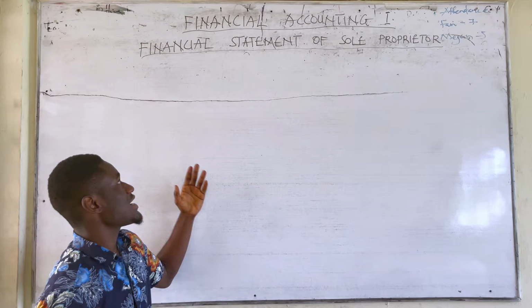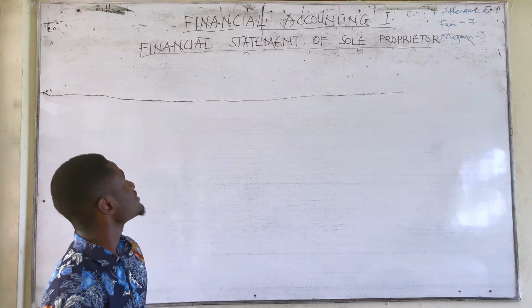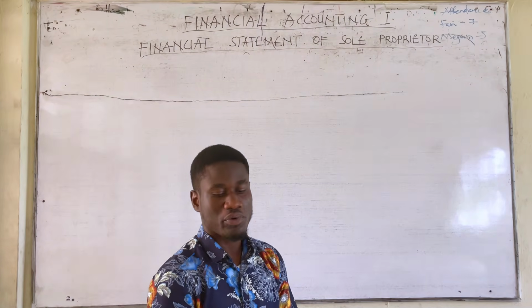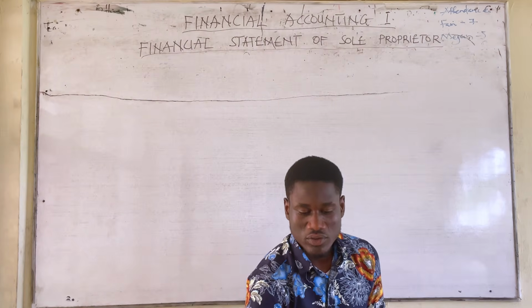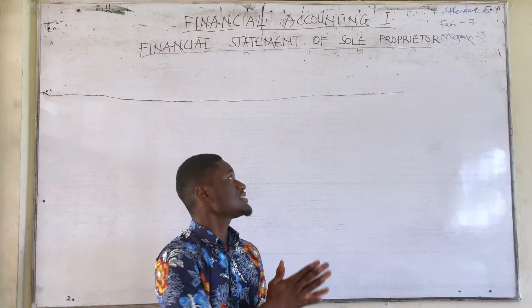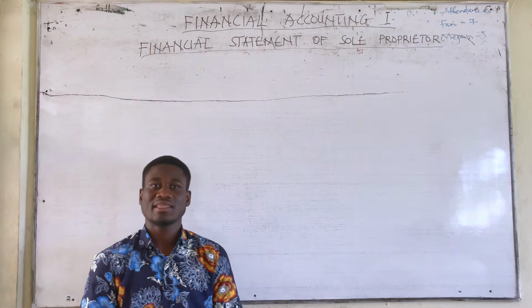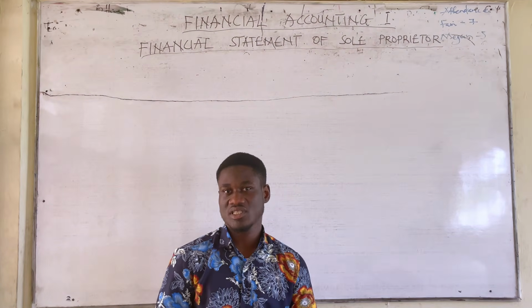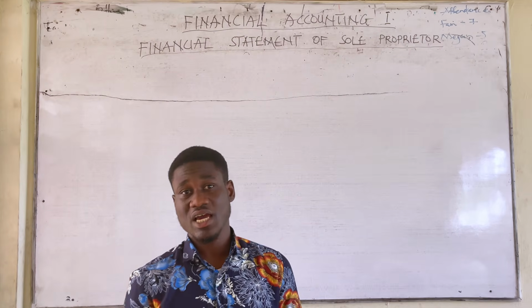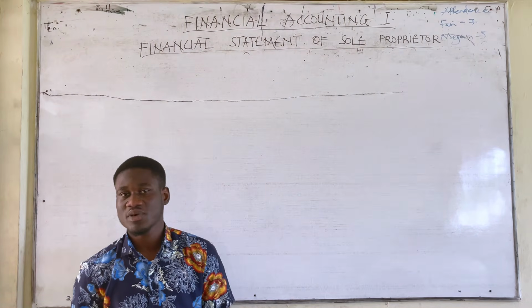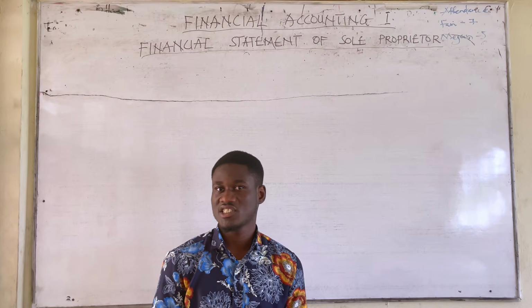Today we are going to look at the financial statement of sole proprietorship. Under this financial statement for sole proprietorship, we are going to look at two financial statements, which are the profit and loss or the income statement and the statement of financial position or the balance sheet.